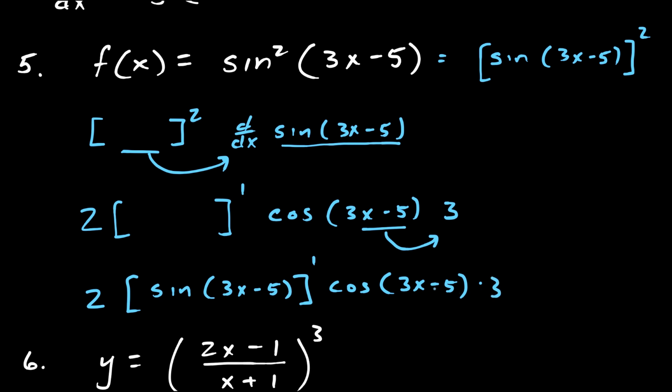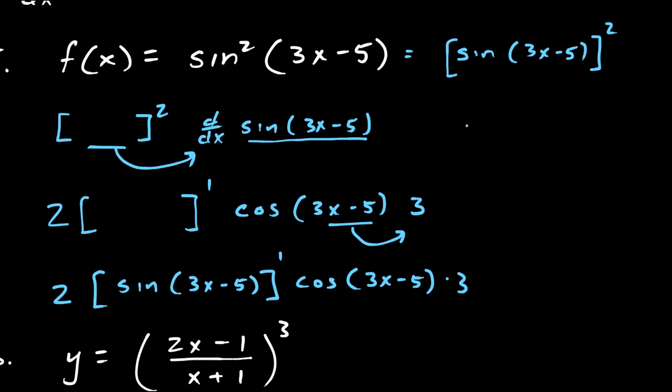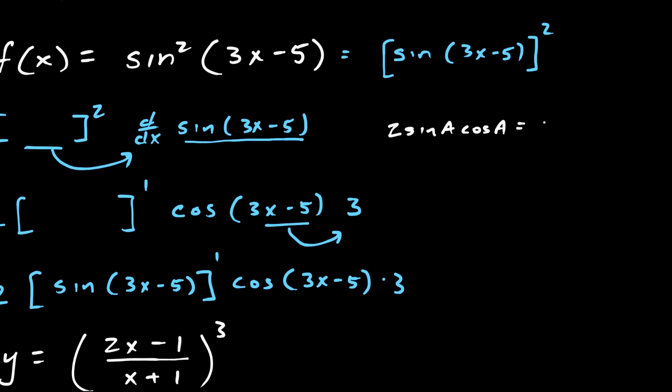Now, some of you may recognize there's a trig identity here. In case you don't know, I'm going to write it up here for you. We know that if you see 2 sine of A cosine of A, that is the same thing as saying the sine of 2A. Or as I like to say, I'd rather divide by 2, and when I see sine of something times cosine of that same thing, I replace it with 1/2.